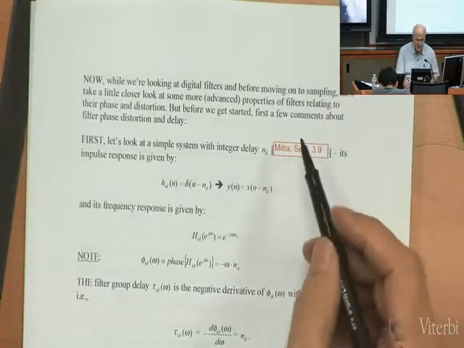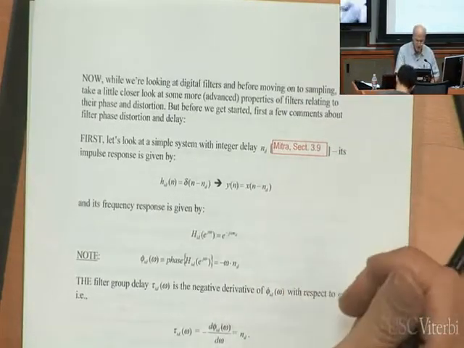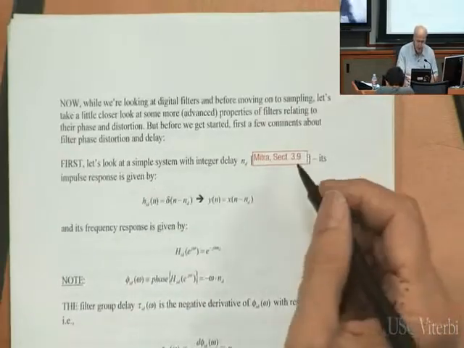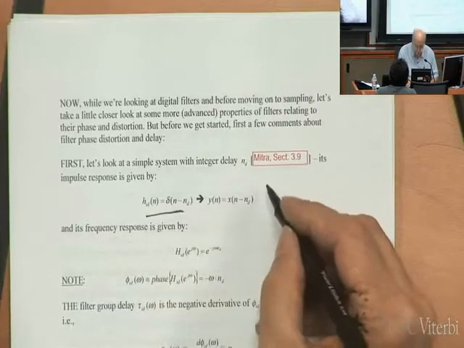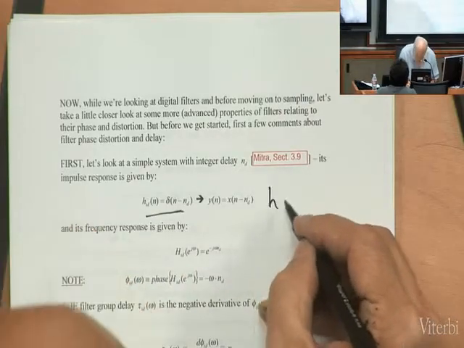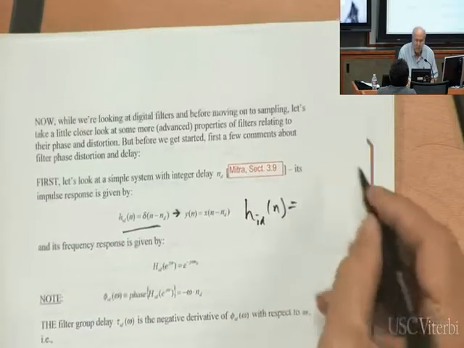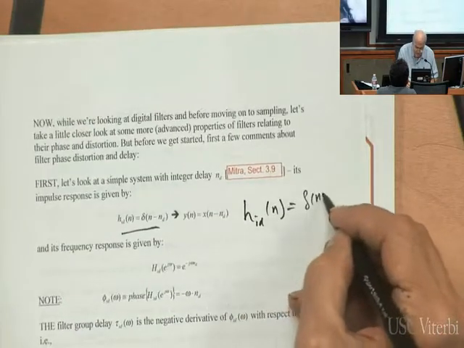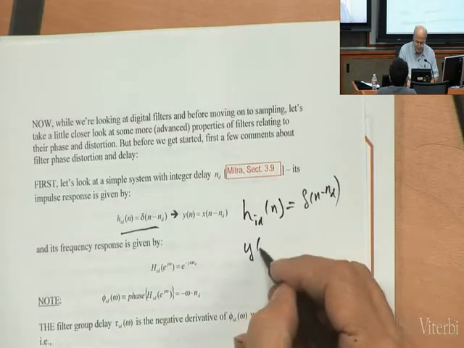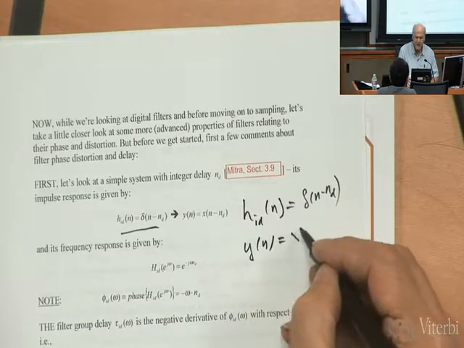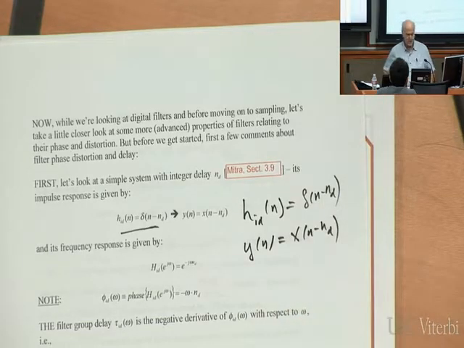Okay, let's take a look at a system with an integer delay. It's a pretty simple system, and its impulse response is simply that. I call it ideal because it is an ideal example. h_id[n] = delta[n - n_d]. So y[n] is equal, therefore, to x[n - n_d]. Well, it's a pretty simple example.